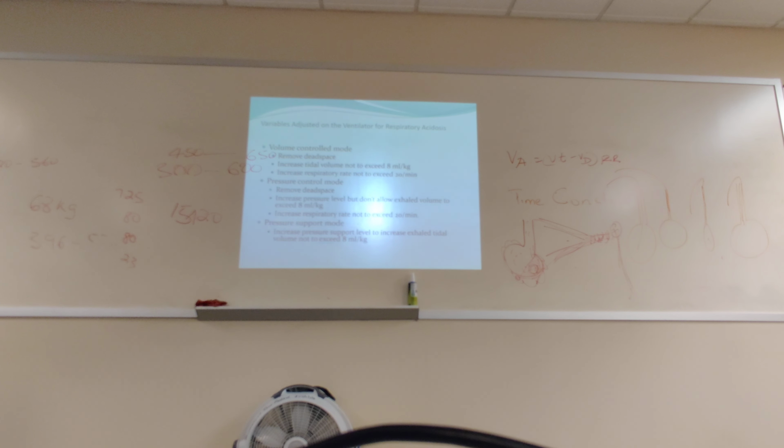So if they have respiratory acidosis on pressure support, you increase the pressure support level because that decreases airway resistance, making it easier for the patient to get more flow from the ventilator. If they have respiratory alkalosis, you decrease the pressure. That's the only control that you have. You'll be lucky if they give you pressure support on the exam because that's very easy.